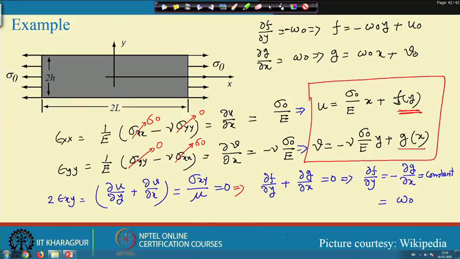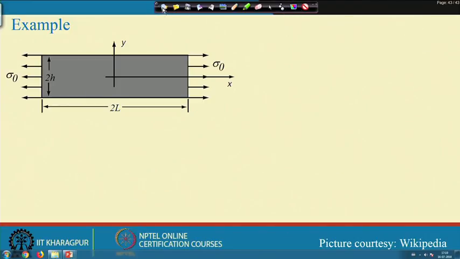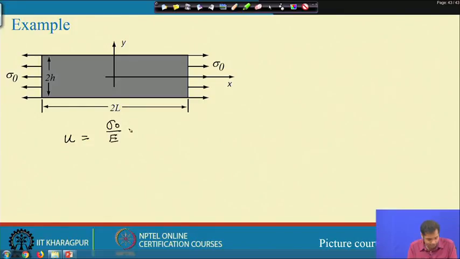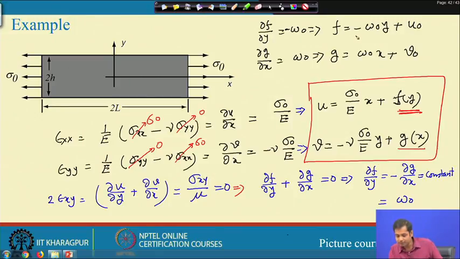Therefore, let us write the final expressions. u will be sigma 0 by E into x, minus omega 0 y plus u 0.